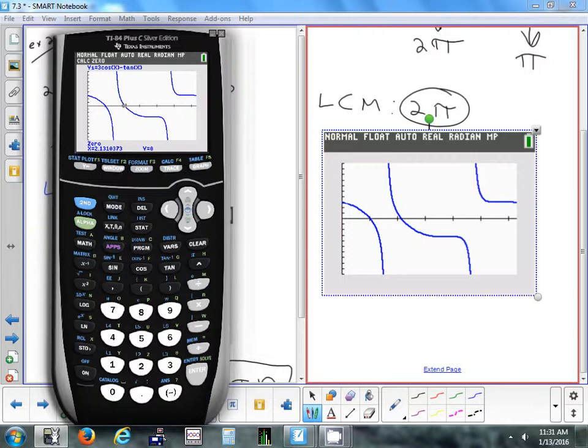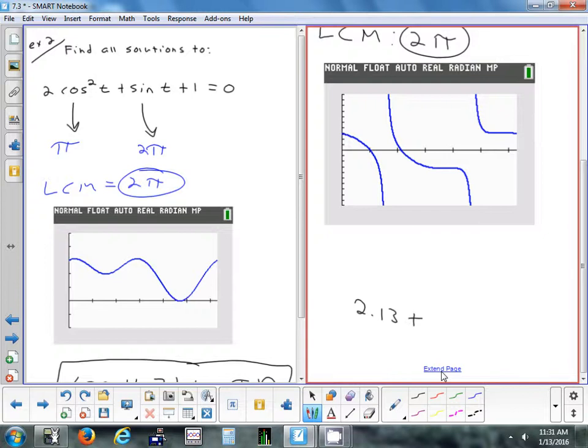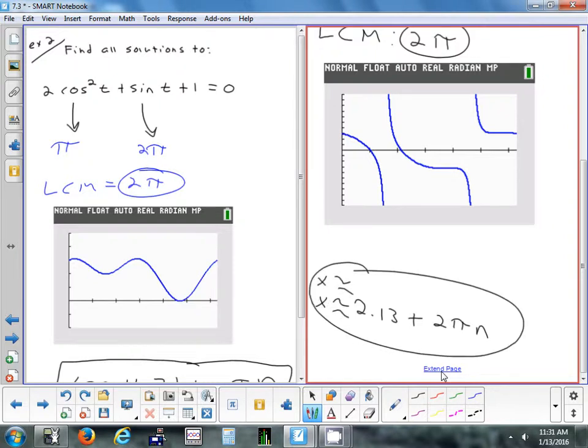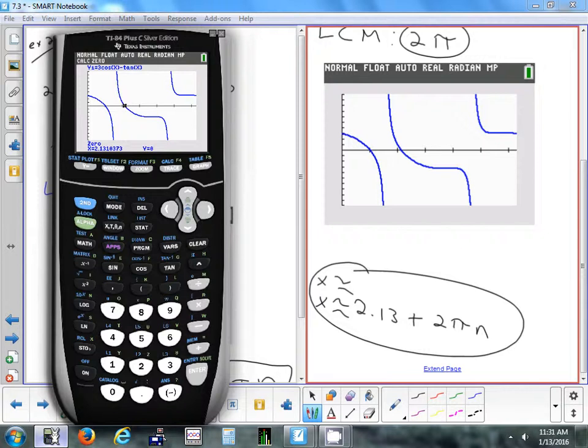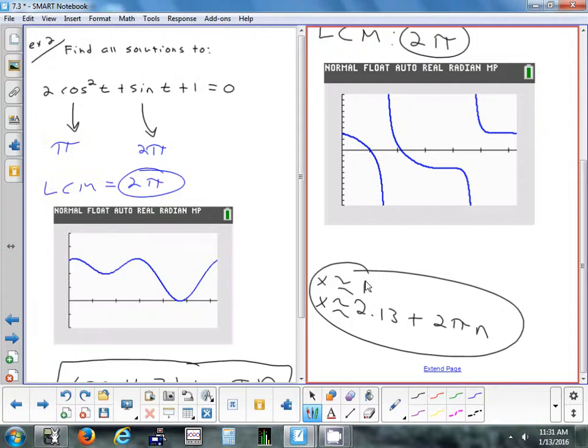Okay, so 2.13. And the period was 2 pi, so let's add that on the end. Okay, and anybody have the first point? 1.01.